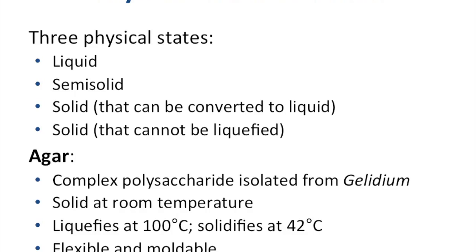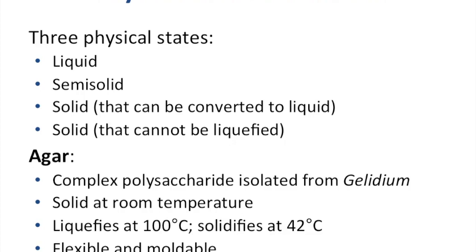So this is agar liquid. We can heat it at 100 degrees and then cool down this liquid solution. When the temperature drops to 42 degrees, the agar becomes a solid material. This material is flexible and moldable, okay.